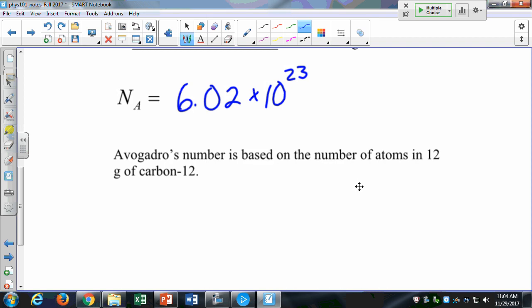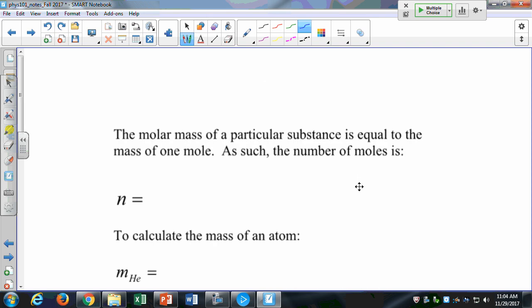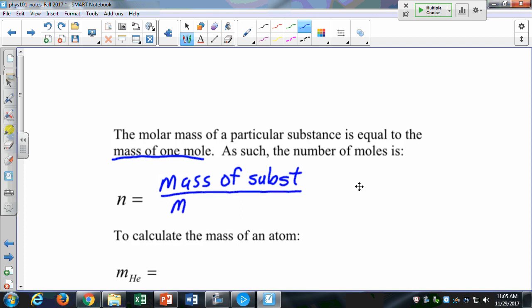But no, a mole is that number times whatever you're dealing with. The molar mass is equal to the mass of 1 mole. And so the number of moles is the mass of the substance divided by the molar mass.